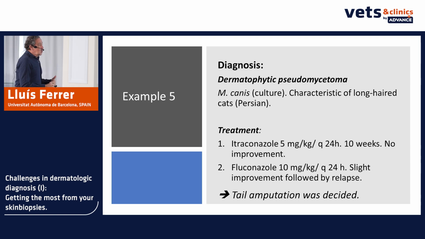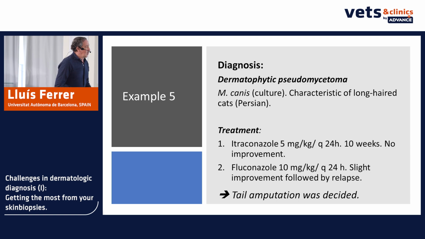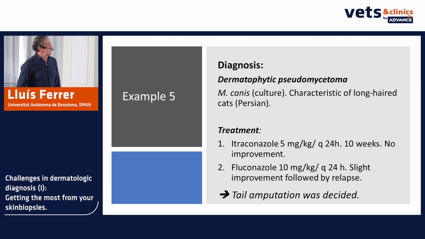So we changed to fluconazole. That is not our first choice, but we saw a slight improvement and then a relapse. So these cases of dermatophytic pseudomycetoma, especially if they are located in distal parts of the body, are very difficult to treat. So talking to the audience, we say, well, this is on the tail.